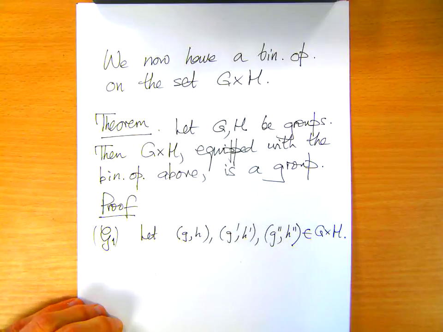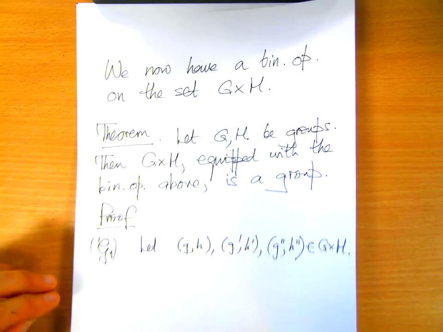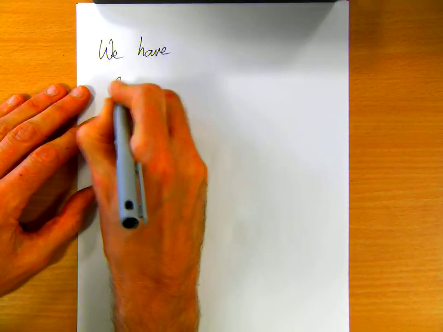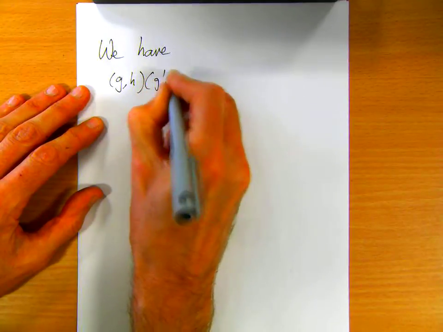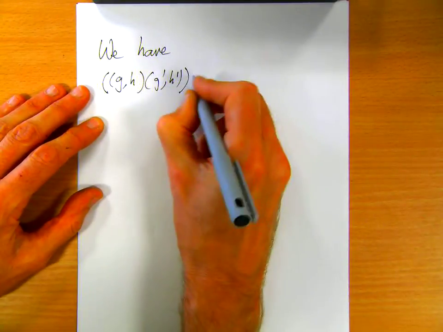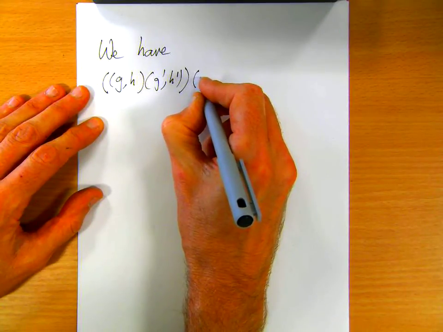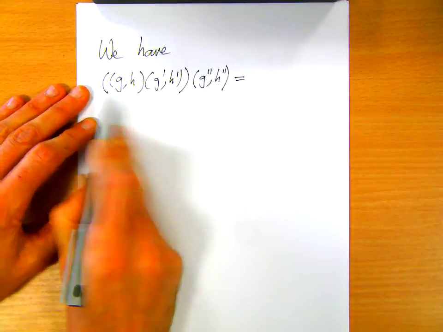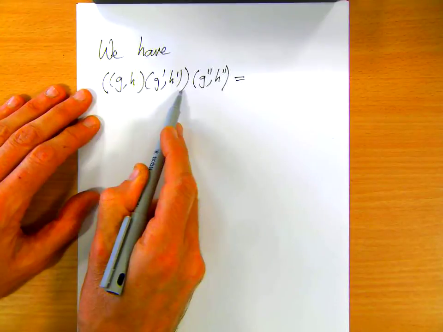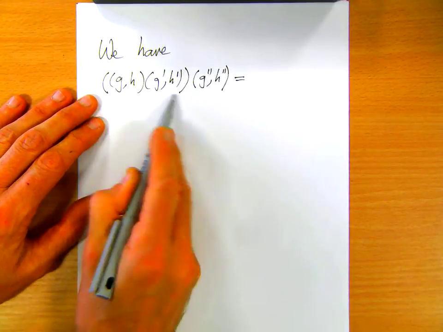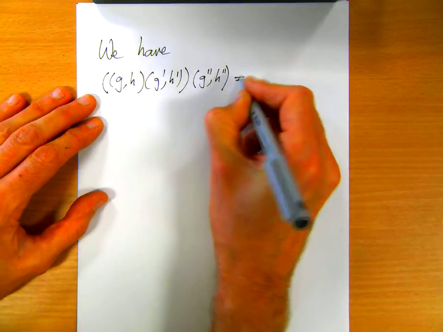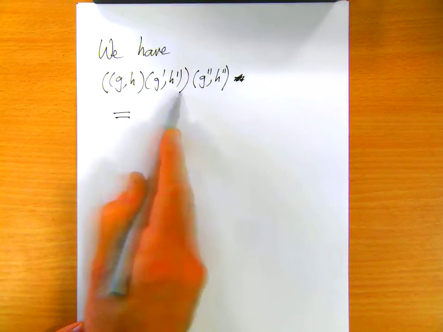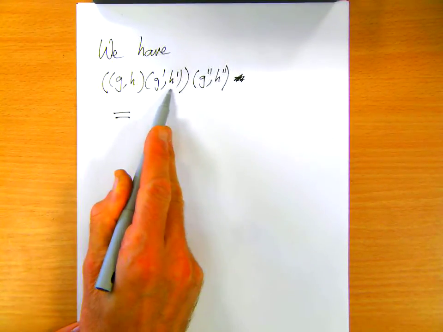So perhaps I'll go onto another sheet. So we have ((g, h)(g', h'))... Now there are two kinds of brackets in what I'm writing down. There are the brackets which define the ordered pairs, and then there are the brackets that come from grouping, so I can do the binary operation. Okay? These brackets mean I've got to multiply (g, h) by (g', h') first.